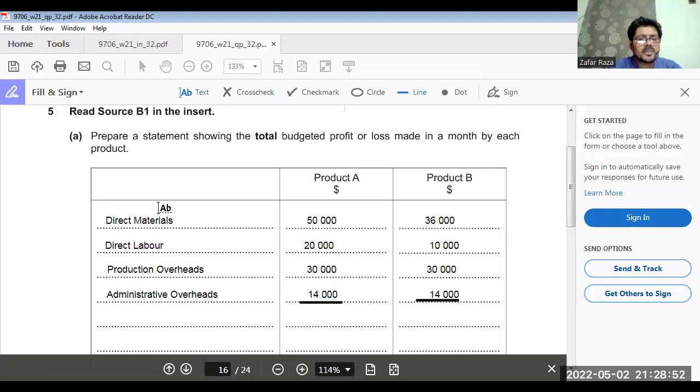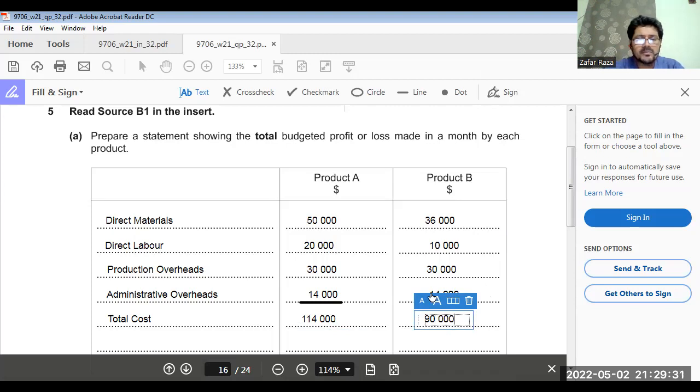We have to get the totals over here. Total costs. 1,14,000, and here 90,000.